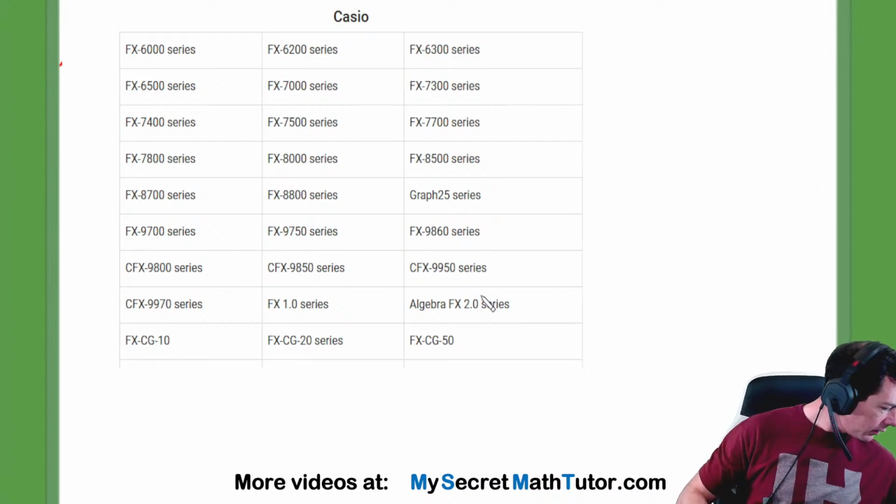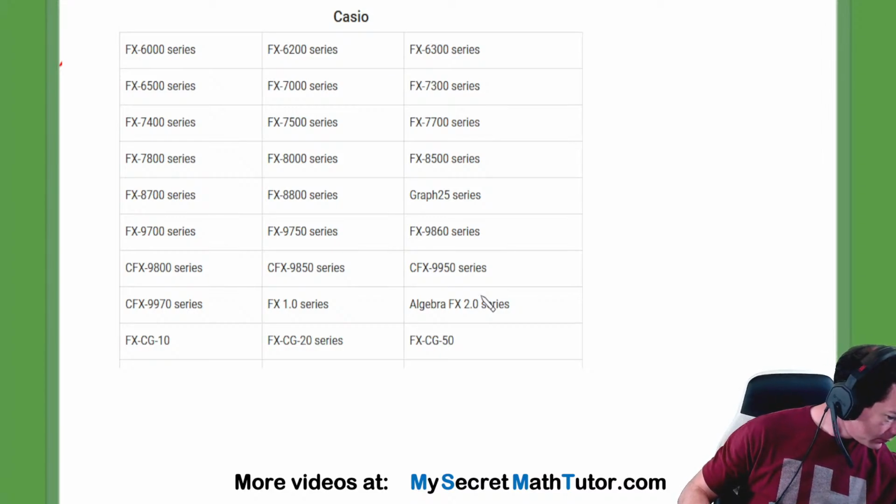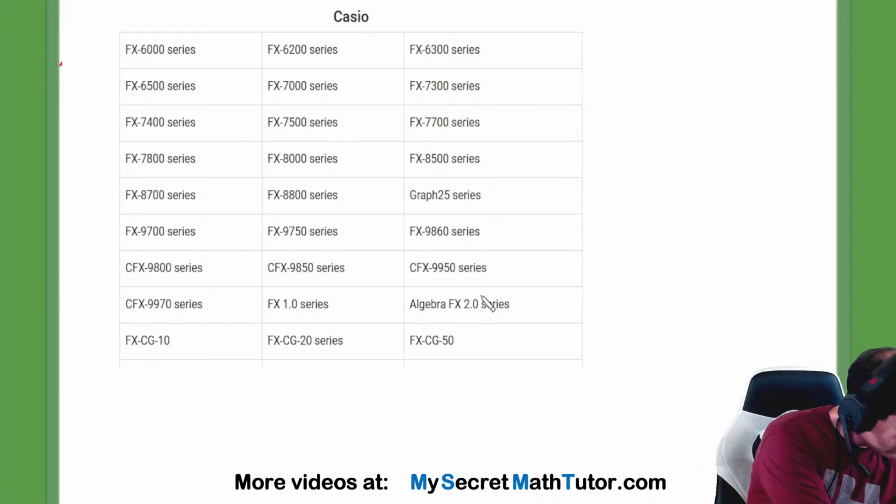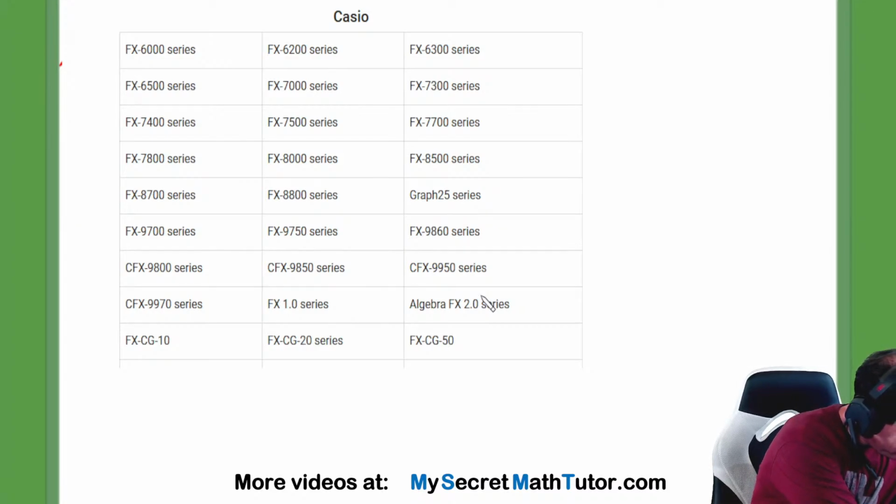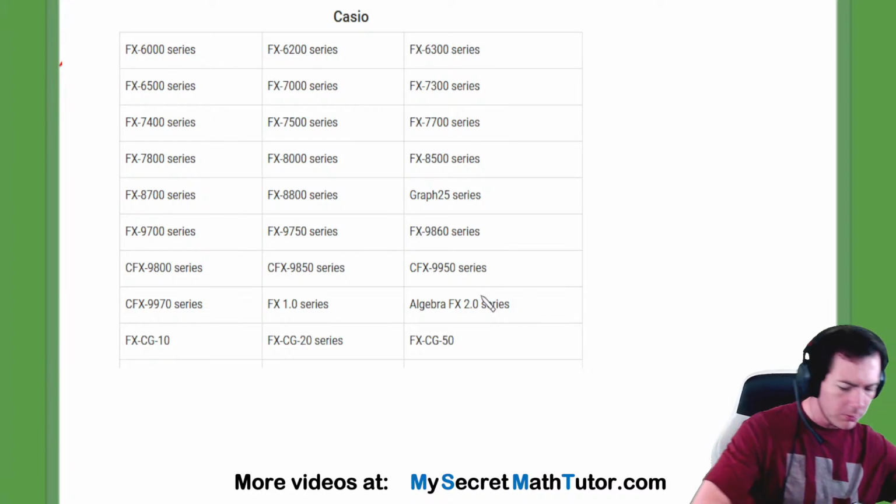And if you really don't like the price of the TIs, then I highly recommend going for one of these Casio calculators. All right, I got a couple of them here. Let's see what do I got. Have I not even opened that one? Oh, probably because it is a scientific calculator. I should really open that one up.